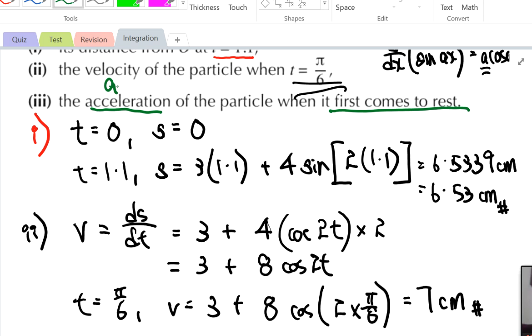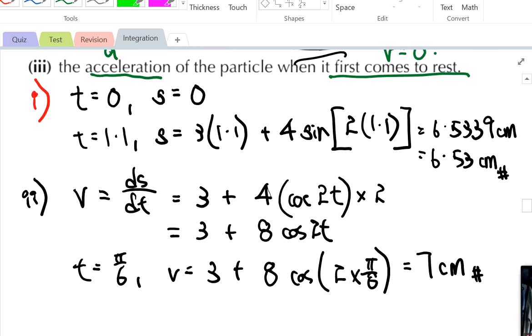V equals 0. Yes, very good. So we need to find the acceleration when it first comes to rest. That means while it's slowing down to come to a rest, what is the acceleration? I suspect it should be a negative value.